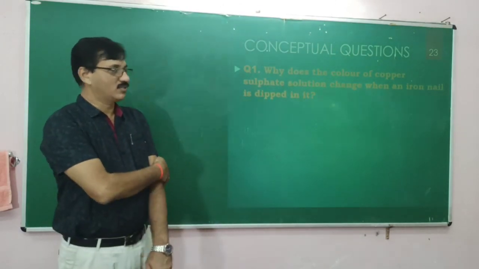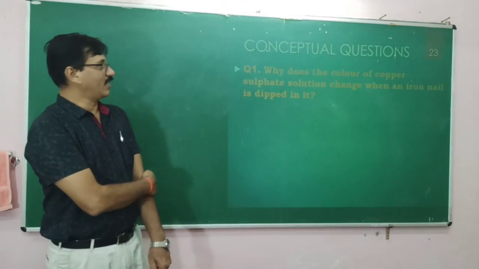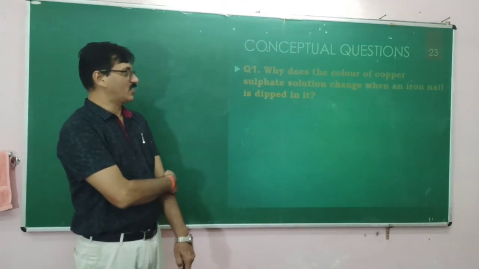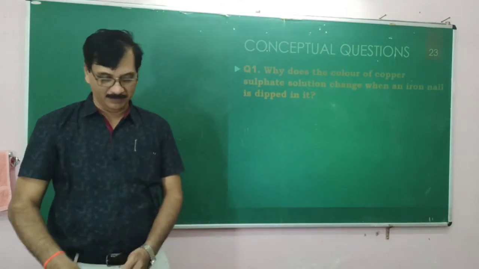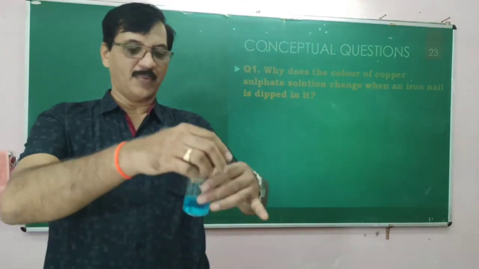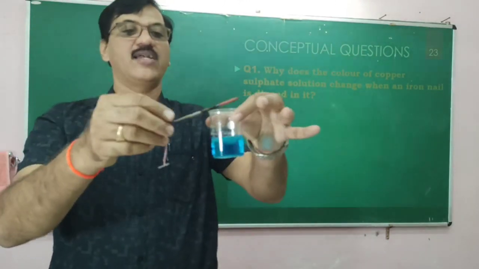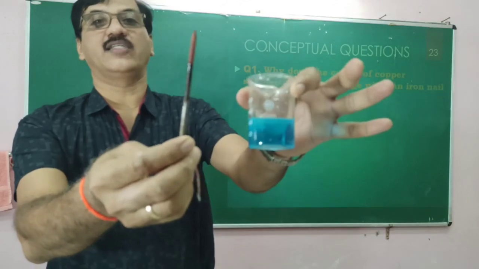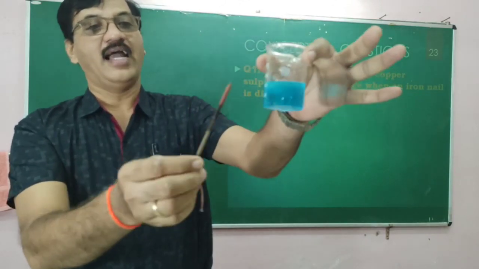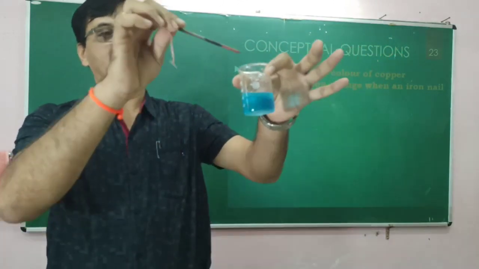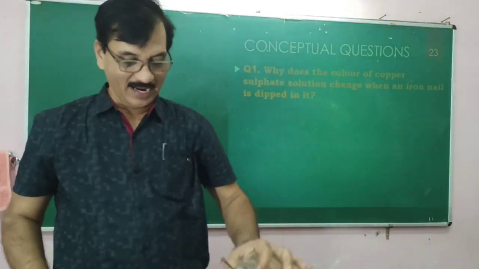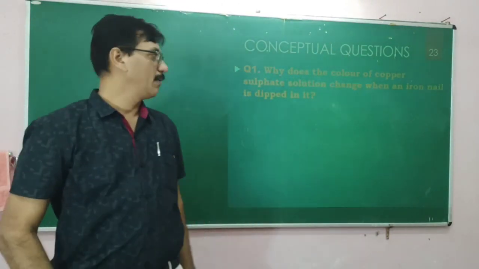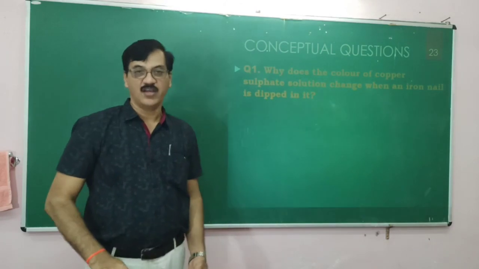Now, let us have some questions to discuss. Why does the color of the copper sulfate solution change when an iron nail is dipped in it? Yes, the copper sulfate color will change, and you can see some deposits of copper on the iron nail, and its color will fade with more time, because of formation of ferrous sulfate.